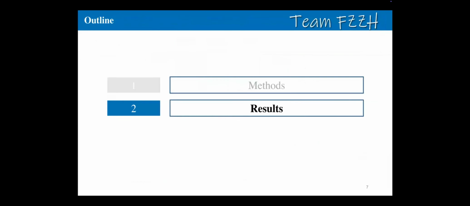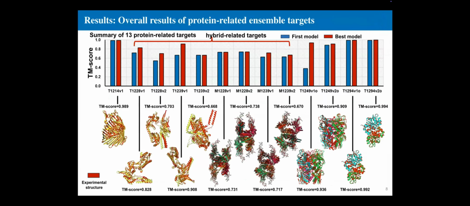Okay, we can check some results of our method. This slide summarizes the overall results of our pipeline. Here we list all the protein-related ensemble targets. In this figure, we use the TM-score to assess our results, and this figure shows the TM-score of the models from EnsembleFold.